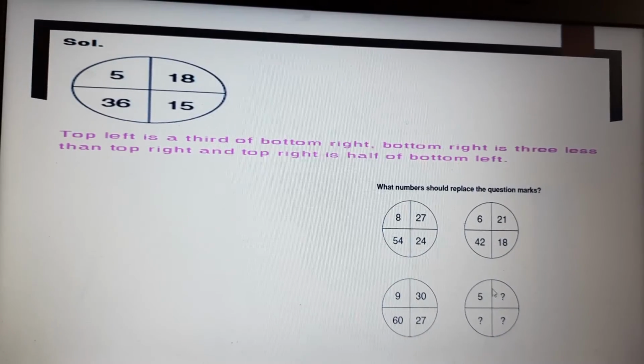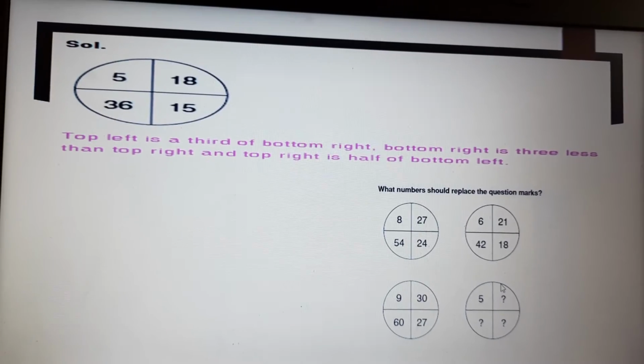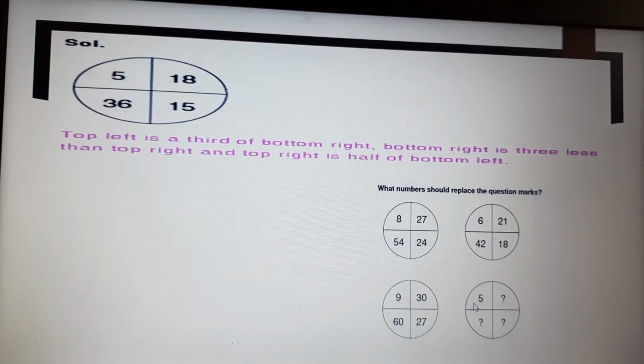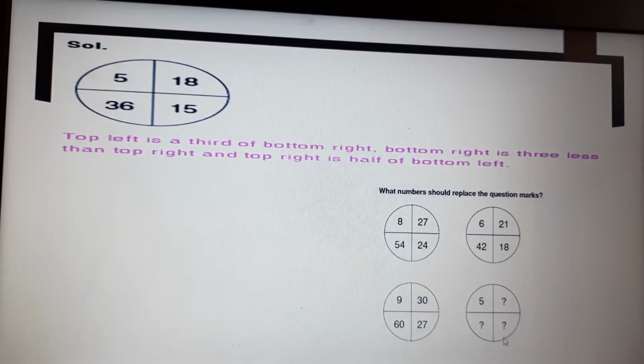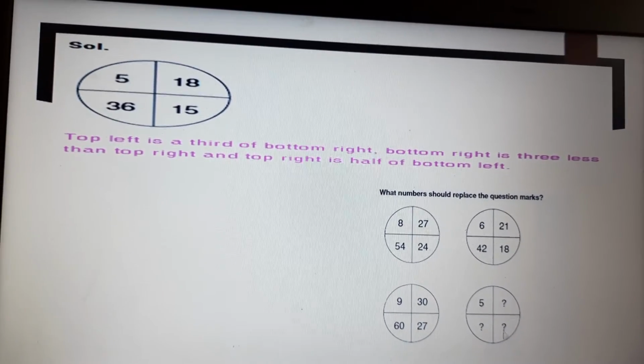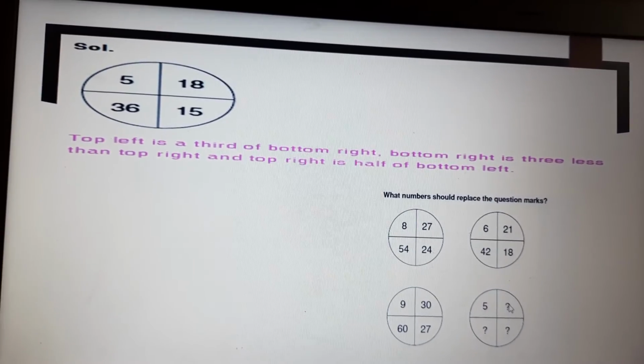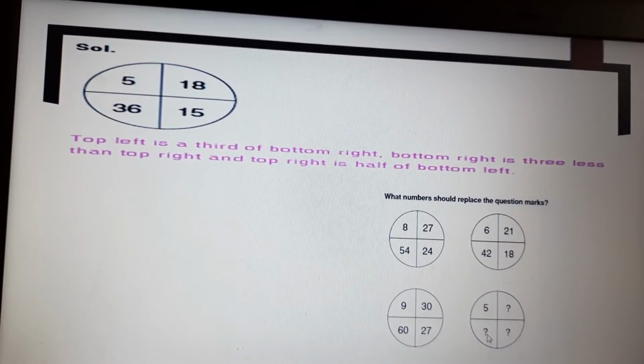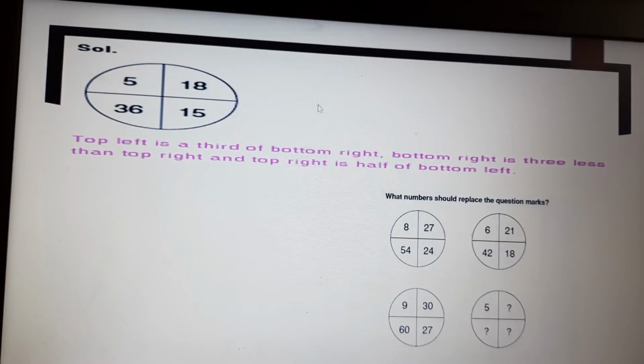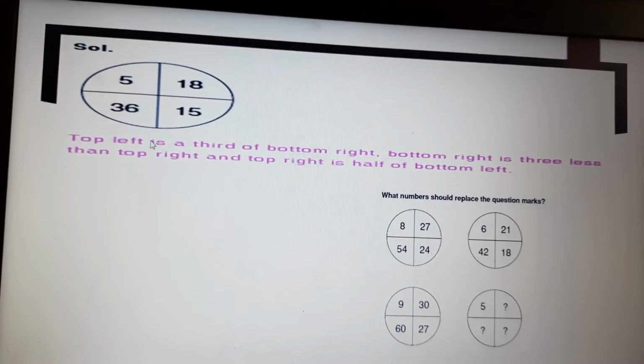Like the same way we need to fill it here. So 5 times 3 becomes 15, and 15 plus 3 becomes 18, and 18 plus 18 becomes 36. So this is the answer for this puzzle.